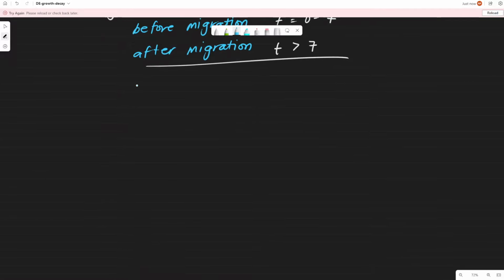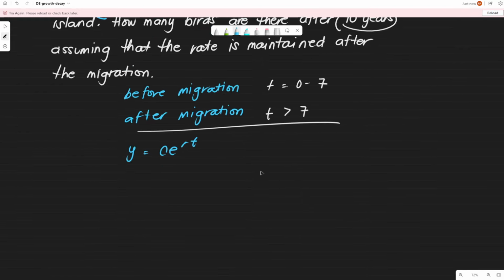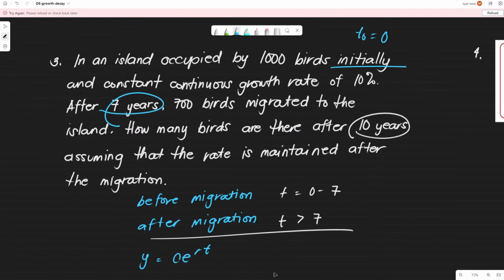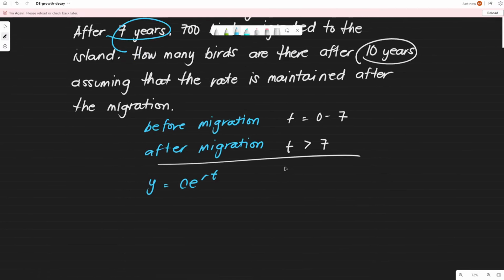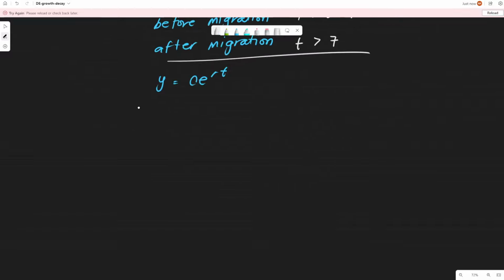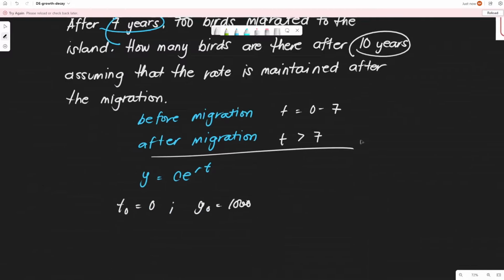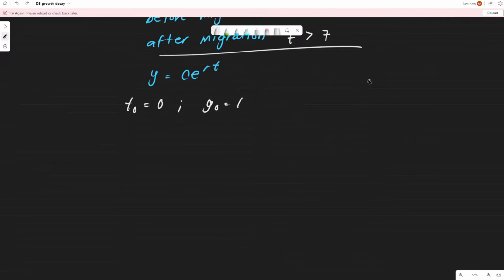So we have y is equal to C e raised to kt, or rt. So we have 100 birds initially. So we have t sub 0 is equal to 0. We have y sub 0 is equal to 1,000. 1,000 ibon lang naman daw yung palagi doon sa island natin. So, let's compute.